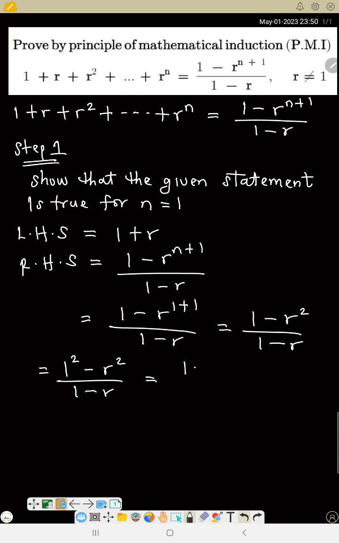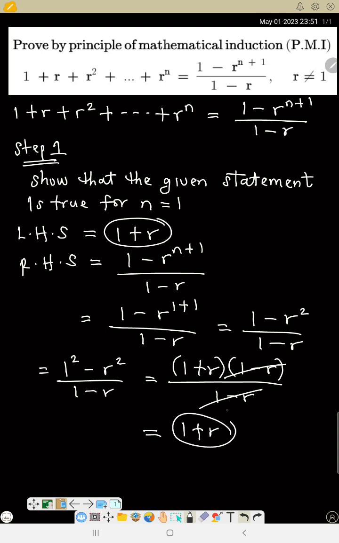So that is 1 plus r, 1 minus r. Remember, this is a difference of 2 squares. So that will be 1 plus r, 1 minus r divided by 1 minus r. The 1 minus r will cancel out, which is equal to 1 plus r. So it is the same thing as the left hand side. That means left hand side and right hand side are equal.